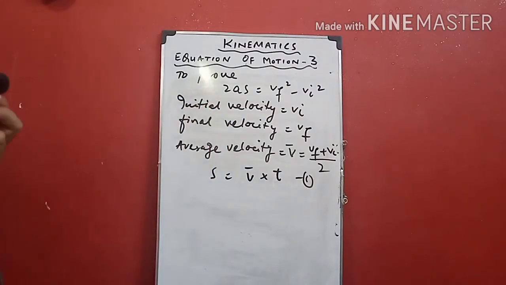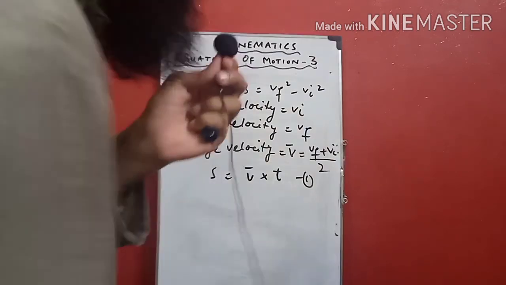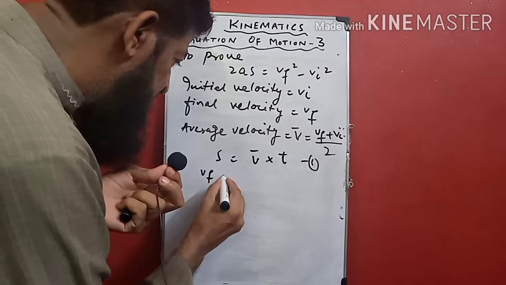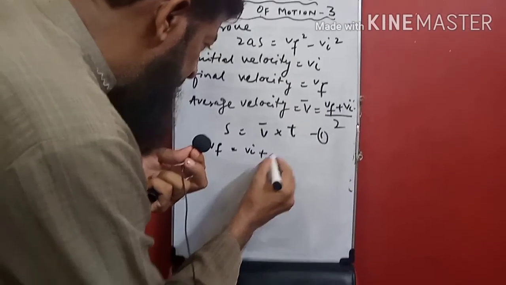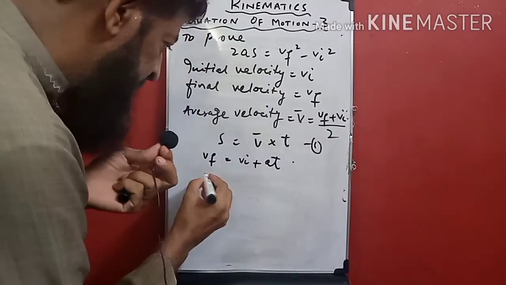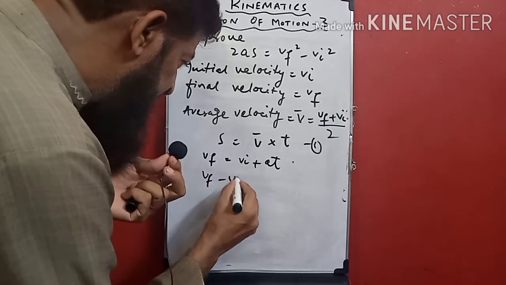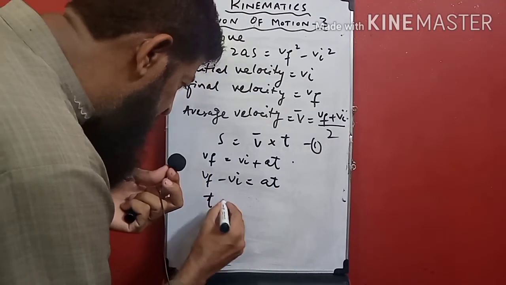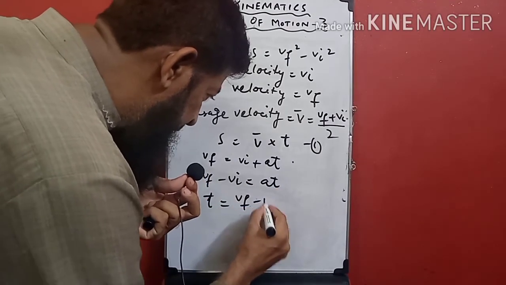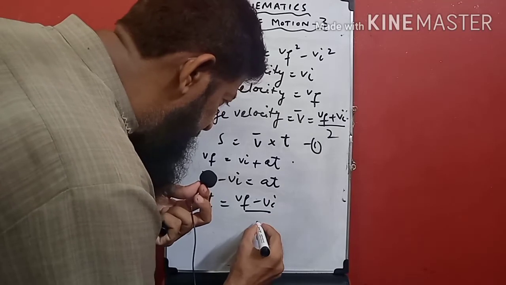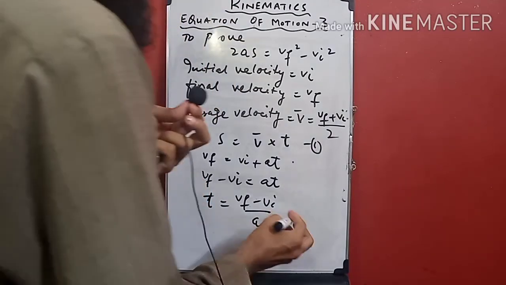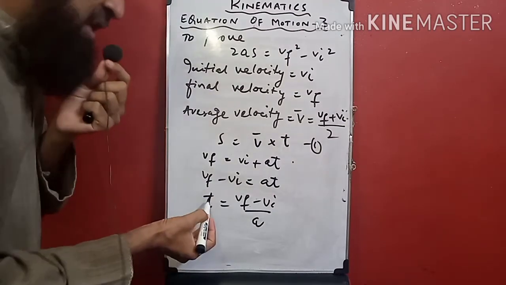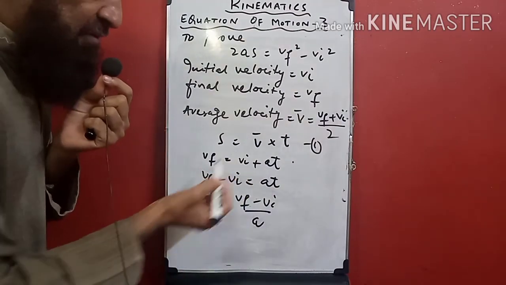By the first equation of motion, again we find the value of T. So Vf is equal to Vi plus At, and Vf minus Vi equals At, and T is equal to Vf minus Vi upon A. We obtain the value of T by using the first equation of motion.